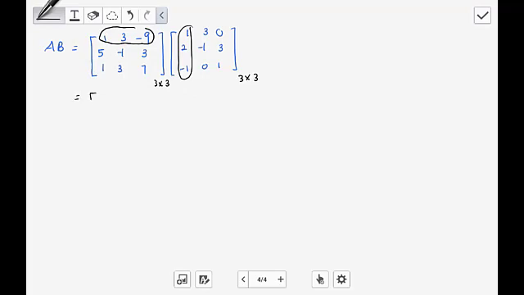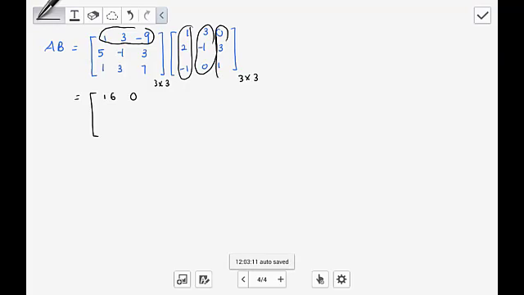Now, 1, 3, negative 9 multiplied by 1, 2, negative 1. So 1 plus 6 plus 9, we will be getting 16. Next, we take row 1 multiplied by column 2: 1 times 3 plus negative 3 plus 0, so you will be getting 0.